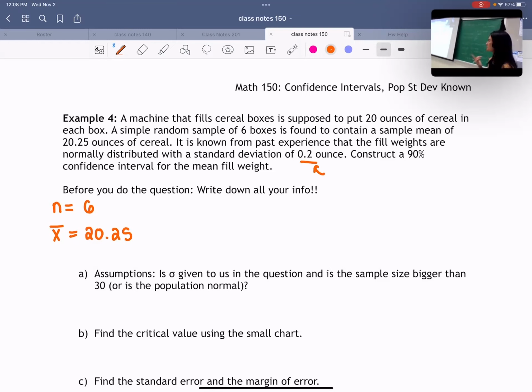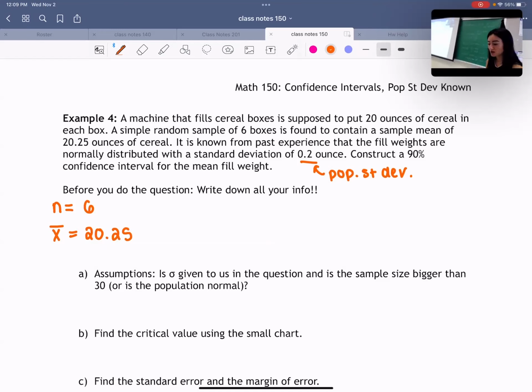The reason I know this is the population standard deviation is that when they talk about this number, it's not in the same context as when they talked about the sample. It says it has a sample mean of this, and then it says something about past experience. So we're going away from what the sample says and toward what we know from the past.